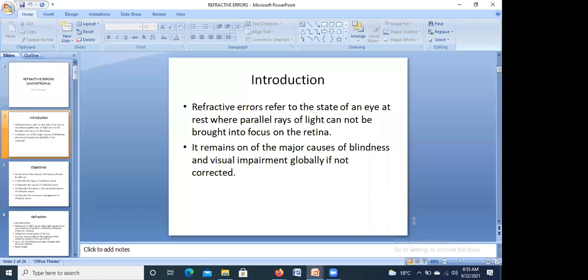An eye which is at rest is an eye which is relaxed, because as you know, there are muscles inside the eye. The mechanism for you to see far.